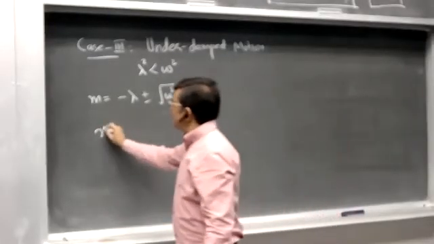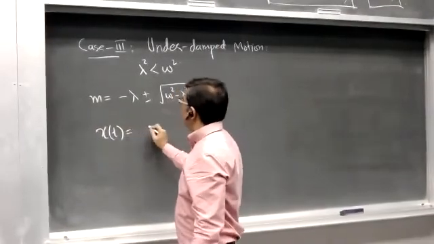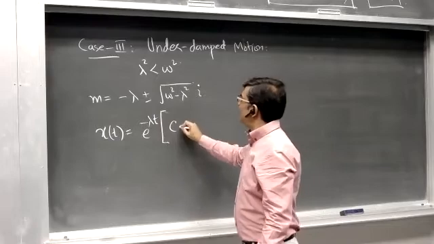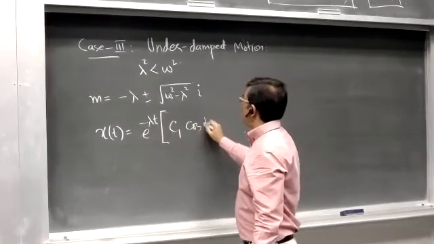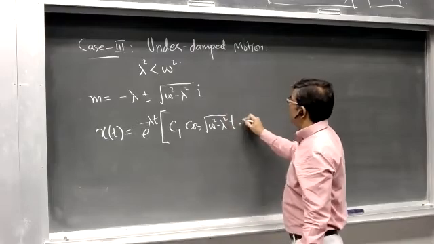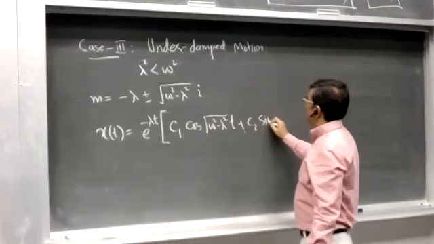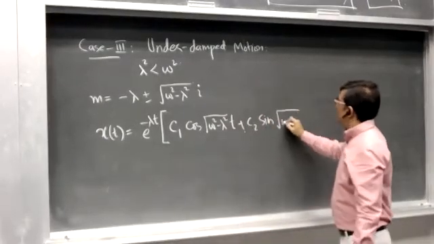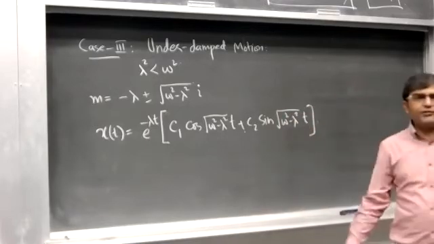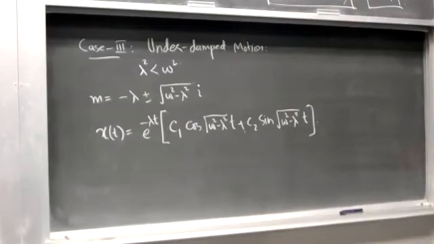In that case, the general solution will be x of t equals e raised power minus lambda t times c1 cosine of under root omega square minus lambda square t plus c2 sine of under root omega square minus lambda square t. So this will be your general solution in the third case.